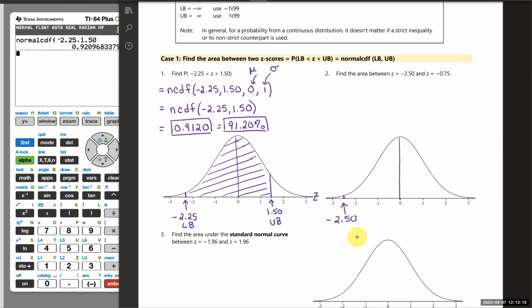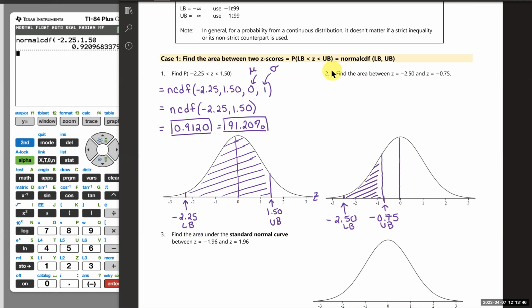And then negative 0.75, just approximate there. So in this case, if we're looking for the area between those two values, we'll have our lower bound, upper bound. Lower bound is on the left, upper bound is on the right.